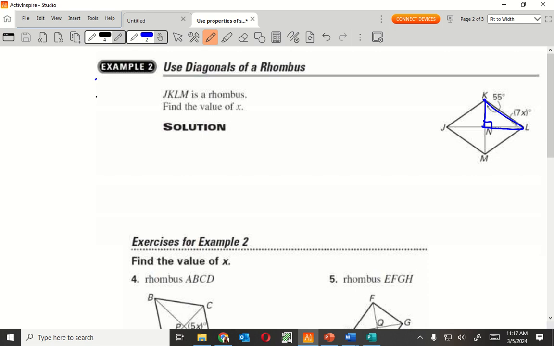But yes, it does have a 90 degree angle. All triangles add up to 180, right? Okay, all triangles add up to 180. So I'm going to use that math right there. I'm going to say that 55 plus 7x plus 90 all together has to equal 180.